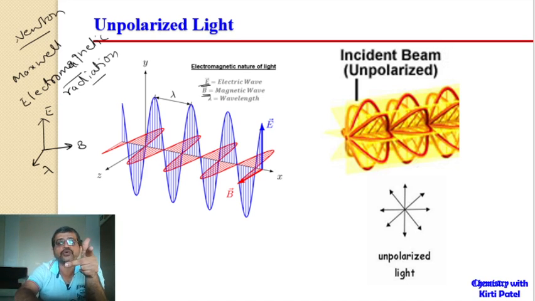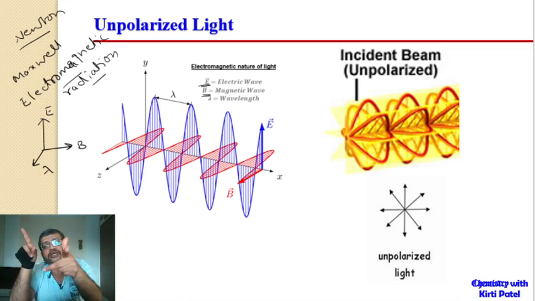But this is not the only thing that happens. When an unpolarized light, that is ordinary light, comes out, its electrical field is not directed in only one direction, but each ray will have a different direction of the electrical field.